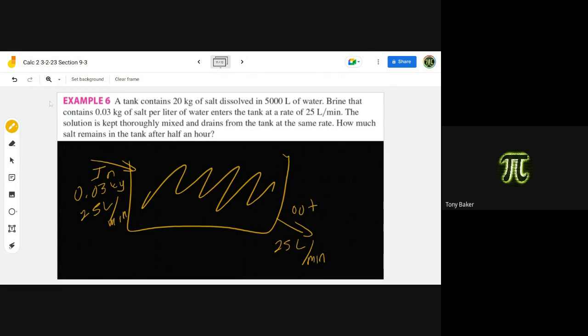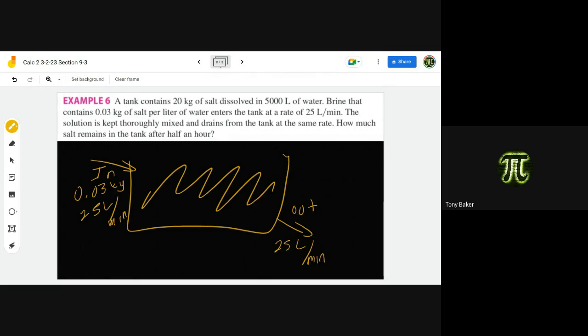So we want to figure out how much salt's in the tank after an hour. We're putting in 0.03 kilograms of salt per liter. We're putting in less salt coming into the tank than is already in the tank. So would you expect your tank to have more salt at the end of a half hour or less salt? Less salt.